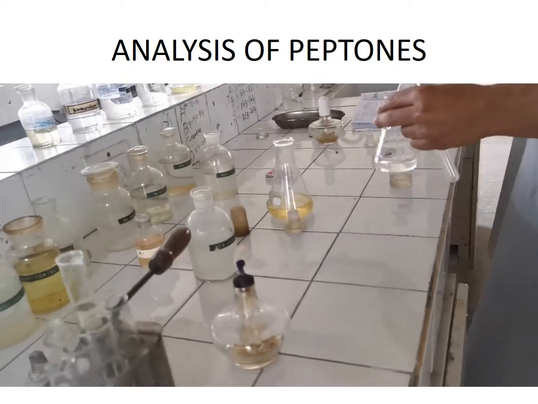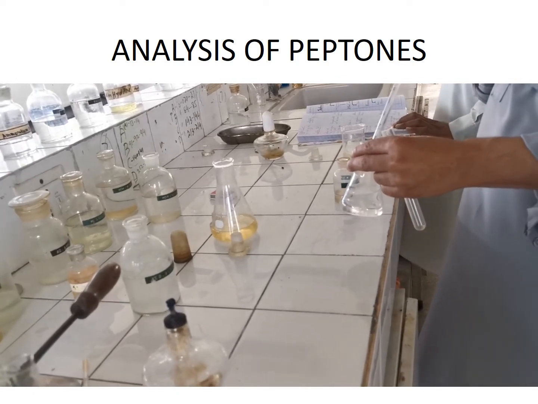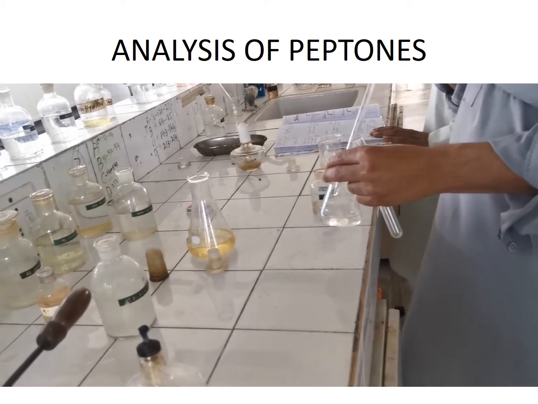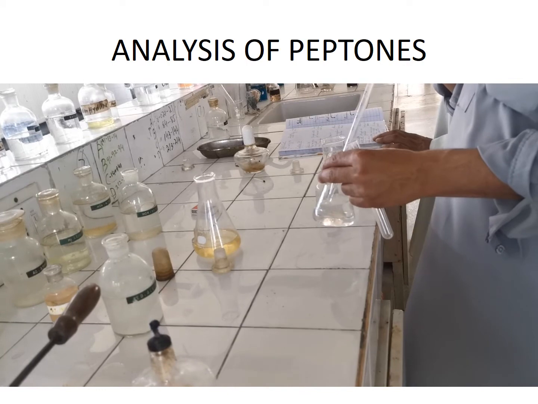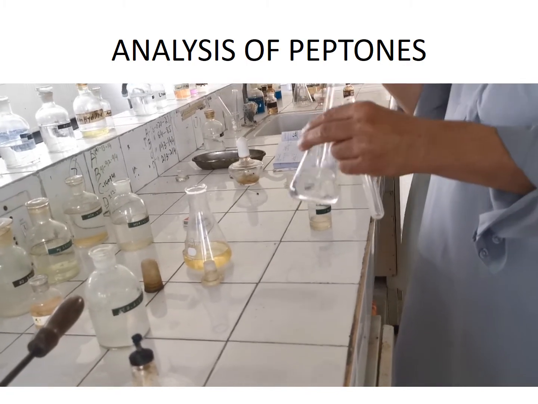Now we have to differentiate between peptone and gelatin, because both of these are not going to give the coagulum, for which we are going to do the ammonium sulfate saturation test. We are going to take 2 ml of distilled water in a test tube.